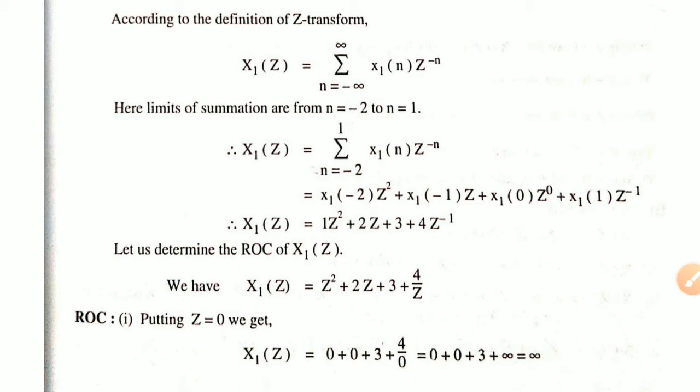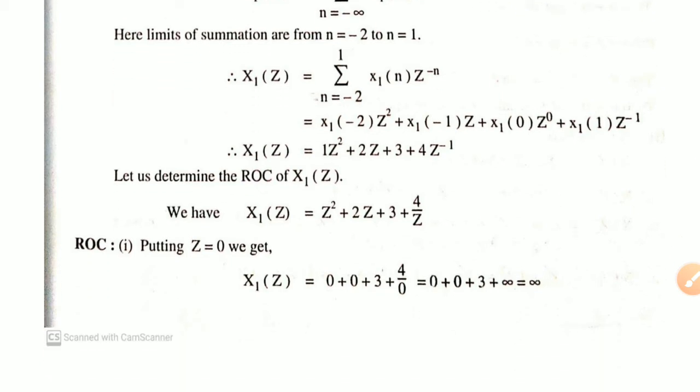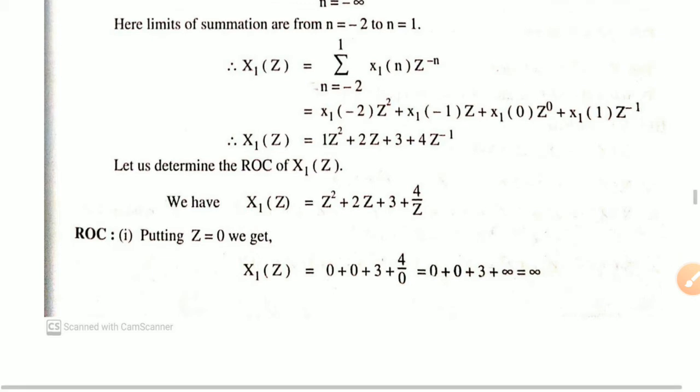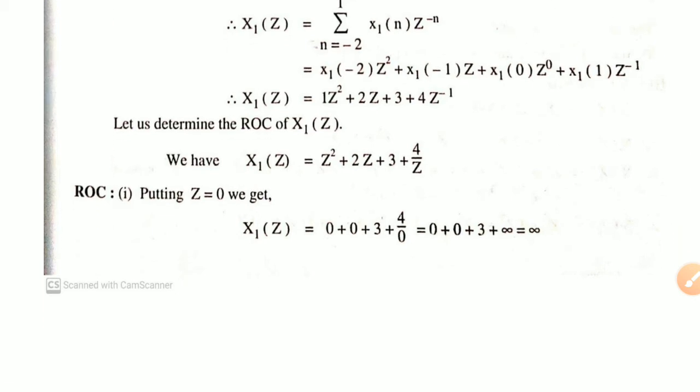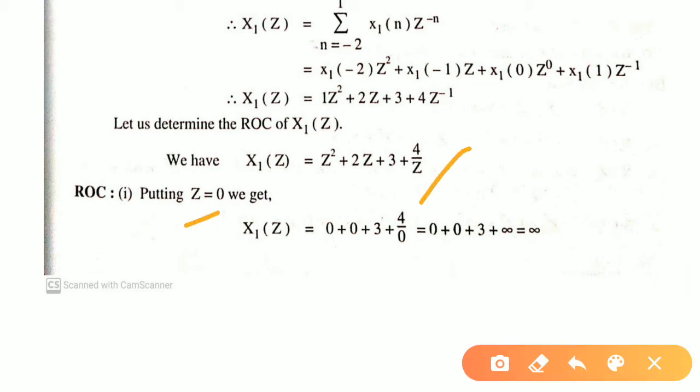Now just find the ROC. The ROC must be found for any equation or any sequence. According to the basic rule, to find the ROC, first put z equal to 0 in this equation, and next put z equal to infinity.